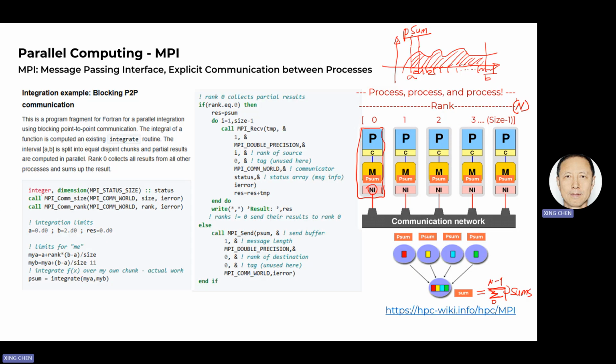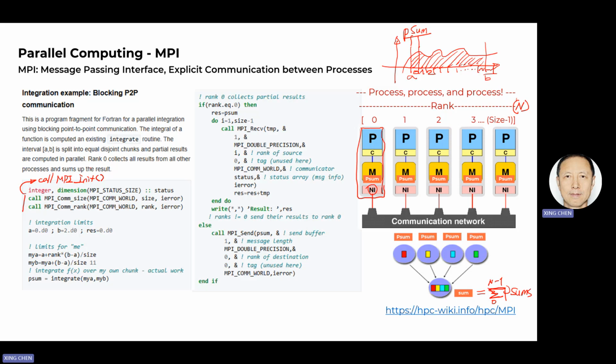So here, after you have defined the integer dimension, etc., before the two calls, you need to have another call, which is call MPI initialization.